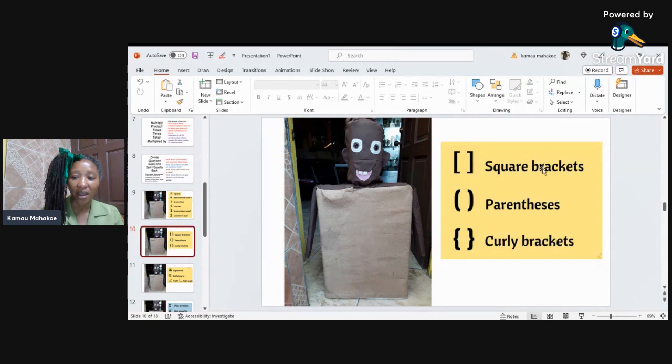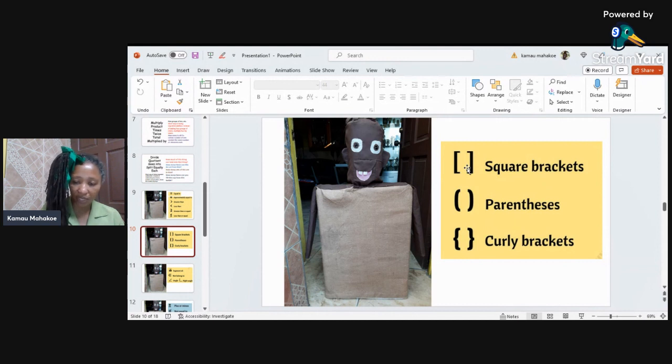Here we have brackets, otherwise called parentheses. The square bracket usually is used when you're going to have other operations within parentheses. So the parentheses usually come within the square brackets if you have another operation that you have to work out before the bigger operation.